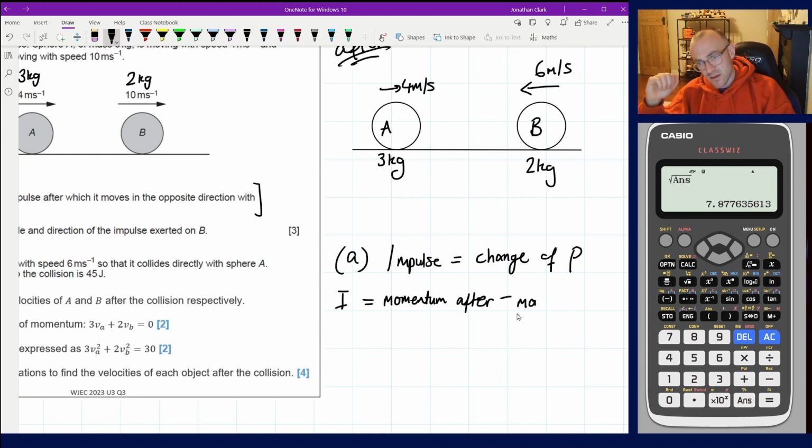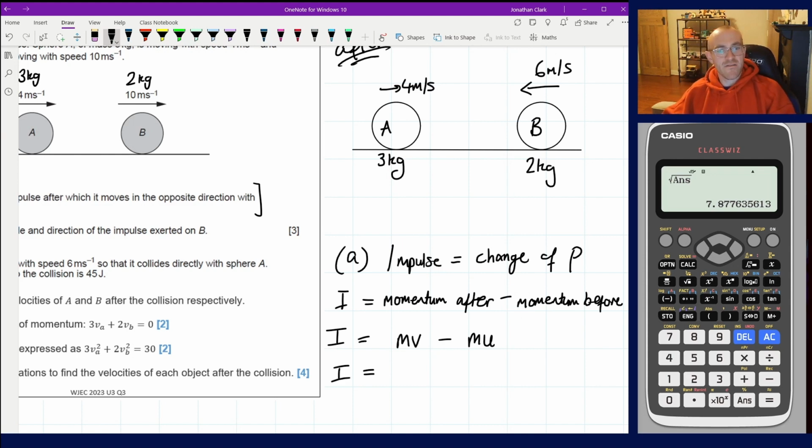It doesn't really matter. And momentum is the mass times the velocity of an object. So the mass of object B is 2 kilograms. So I'm going to replace both of the masses with 2's.